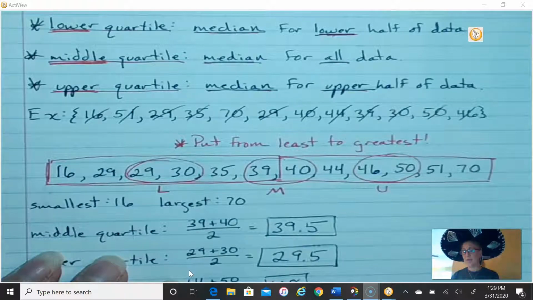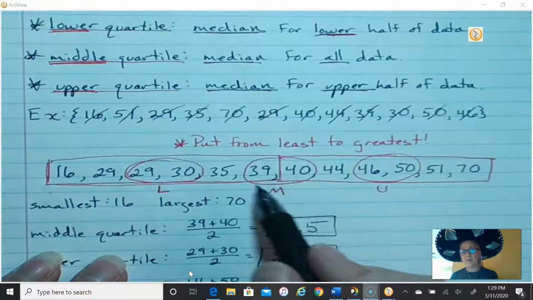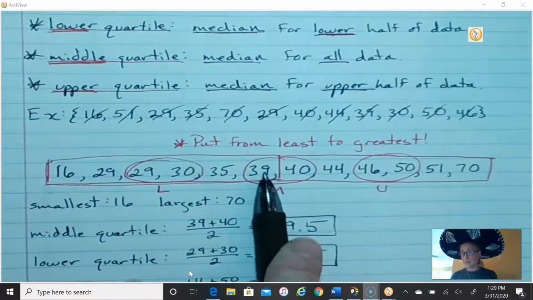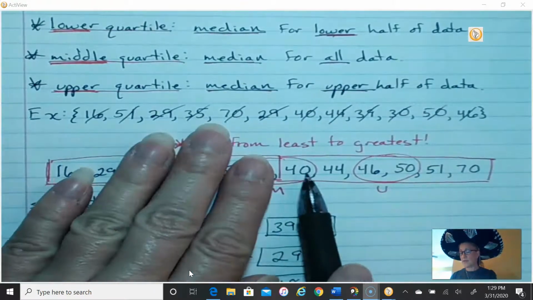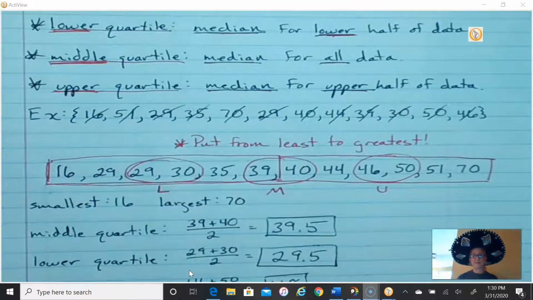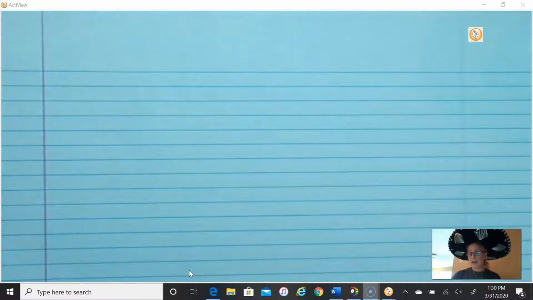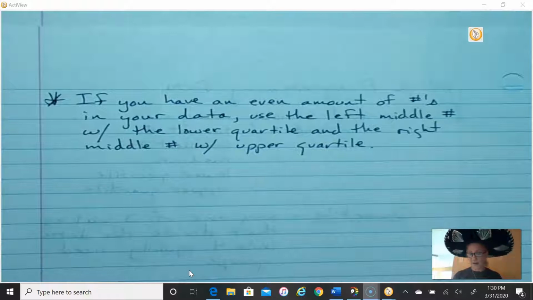So what it's saying is when you have an even amount, basically when you have two middle numbers like this, they're saying that the left number, that 39, needs to go with the lower, and the right one goes with the upper. Okay? Does that make sense? That's what all those words are saying. I just wanted to have it down in writing for y'all to remember that. Okay.